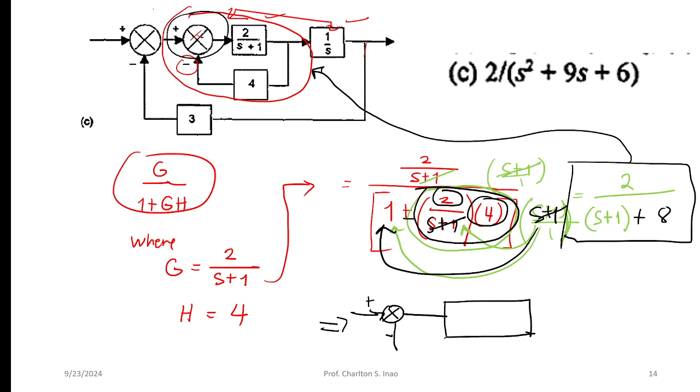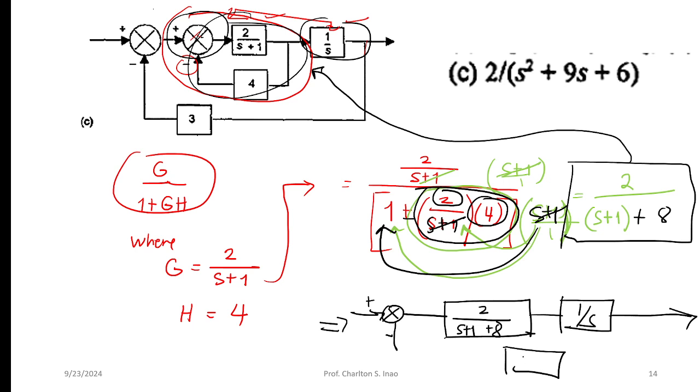This whole block here is this, right? 2 over s plus 1 plus 8. But there's another block here, so we're going to affix that. 1 over s. Then there's a forward signal, and then there's here a feedback because we were able to eliminate this already. Then there's a feedback here, feedback loop, which is 3.